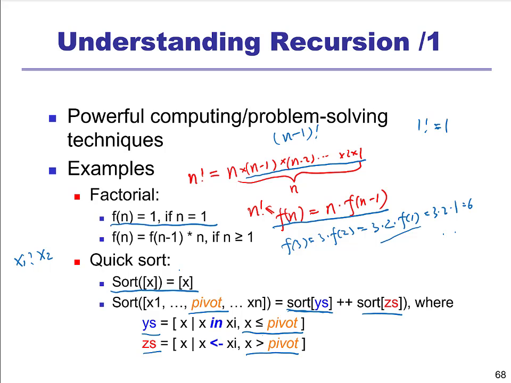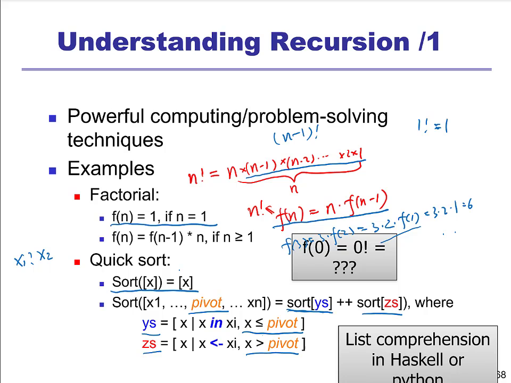But the message I want you to take away is that in order to formulate a recursion solution, you need to decide what is the base case and what is the recursive step. Just these two things. And probably one more thing.